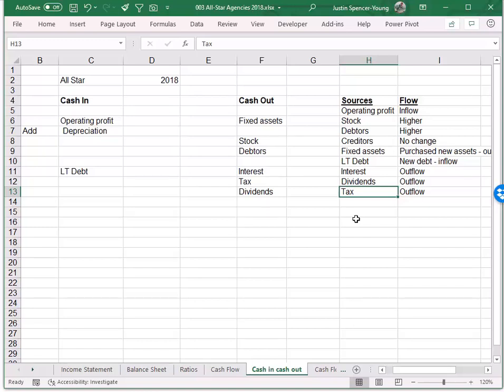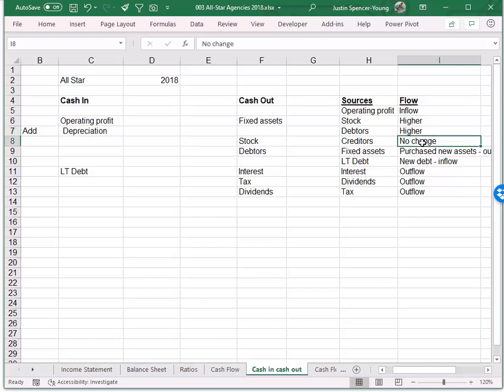And I've just identified, in the context of All-Star, the operating profit was an inflow, and I know that just because it's a positive number. I looked at the stock and the debtors from one year to the next, and I saw that they were higher in the second year. So that says to me this is an outflow, and we'll cover that in a little bit more detail shortly.